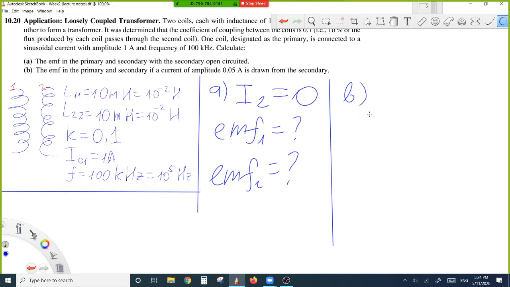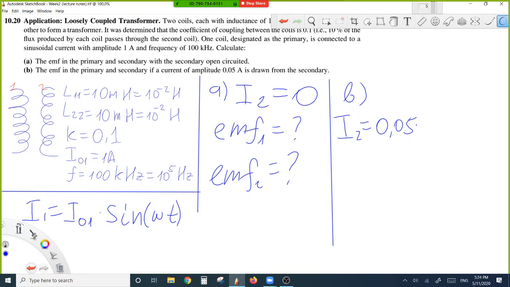It is saying, if a current of amplitude 0.05 is drawn from the secondary circuit, it means that from the secondary circuit we have the current equal to 0.05 multiplied by... in the primary circuit we had I01 sine omega t.